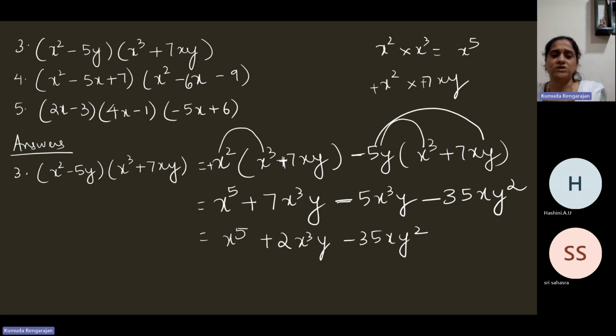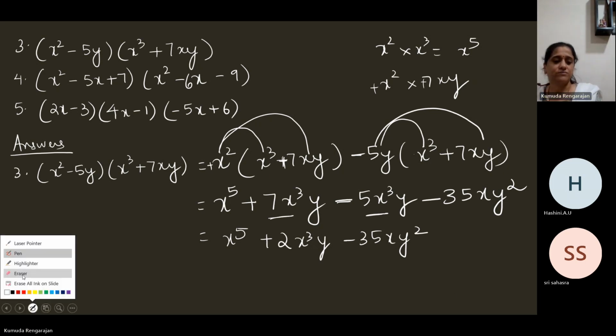It is addition or subtraction depending on the signs. Same signs you will add, different signs you will subtract. These two terms are like terms, so x cubed y as it is, plus 7 minus 5 is plus 2. So this is the final answer. Please take it down.